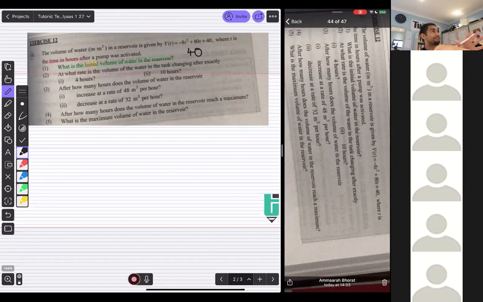T is 0. So T is 0 is the y-intercept, the initial. If you drew the graph and you wanted to know the initial, you just look here, because here T is naught.